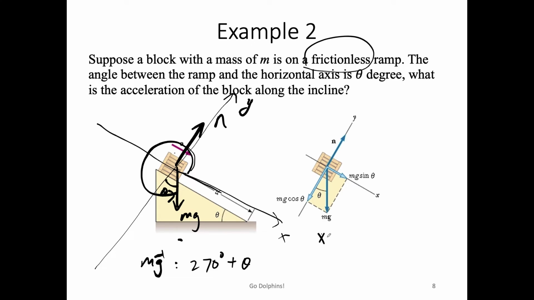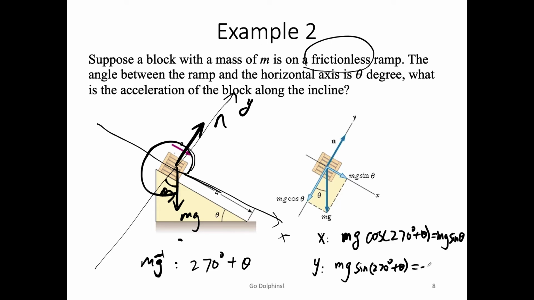So the x component of mg is mg cosine of 270 degrees plus theta, which gives us mg sine theta, and the y component is mg sine of 270 degrees plus theta, which gives us negative mg cosine theta. So this is the x component of mg, this is the y component of mg. Okay, now we're ready to solve it.